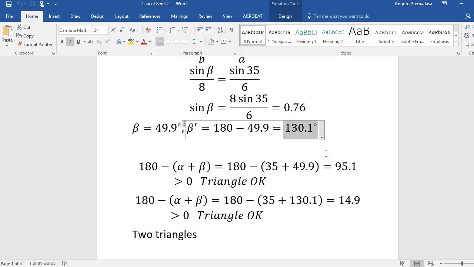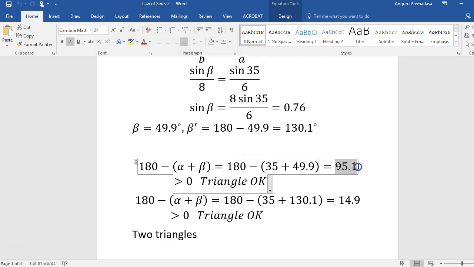Now you do the normal check to see whether there is any space left for gamma for each of these betas. First you take beta, so you calculate 180 minus (alpha plus beta). You calculate the difference between 180 and the two angles that we know now, alpha plus beta, and we get 180 minus (35 plus 49.9), which comes to 95.1.